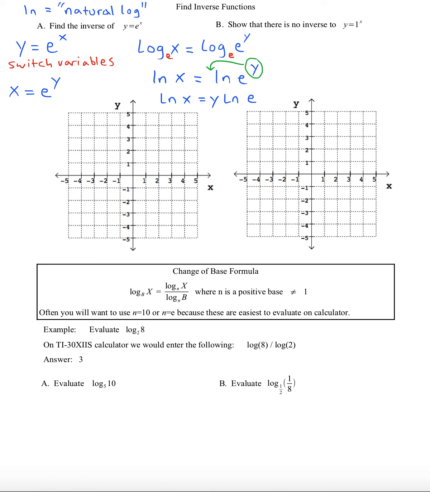That's because ln is a log with a base of e. And so the question would be, e to the what is e? The answer to that, of course, is 1. What I mean is, if we're trying to evaluate ln of e, that is the same as log base e of e.